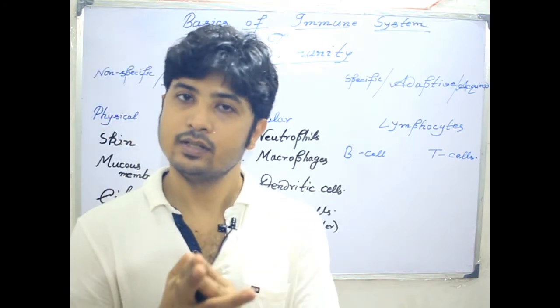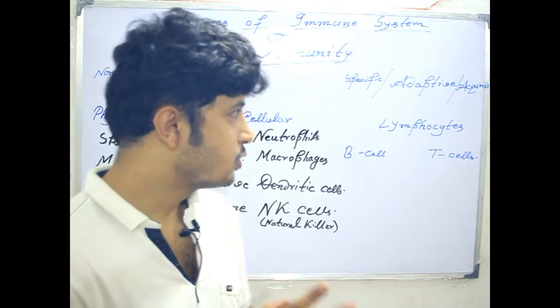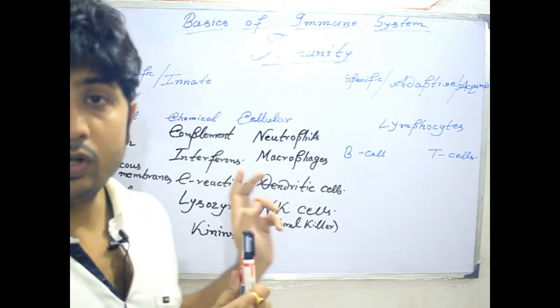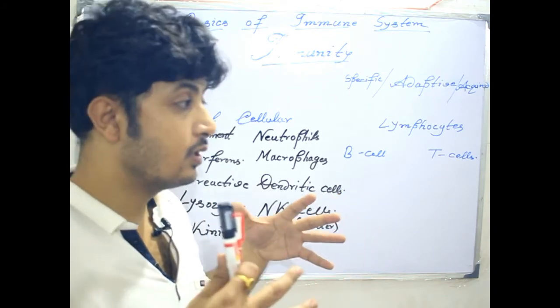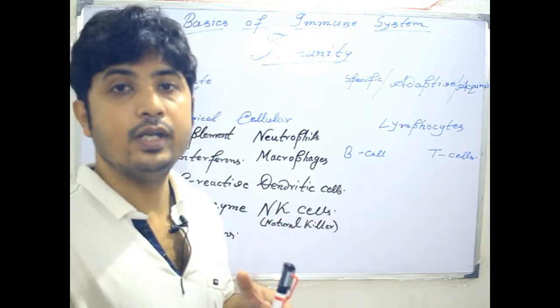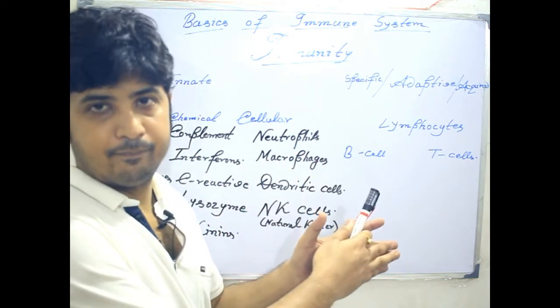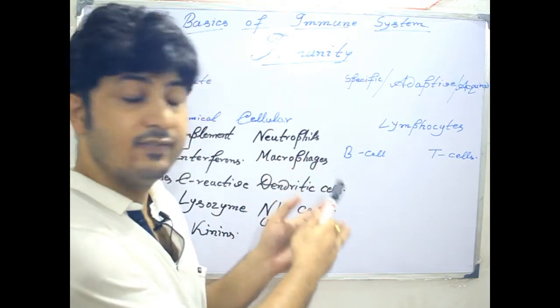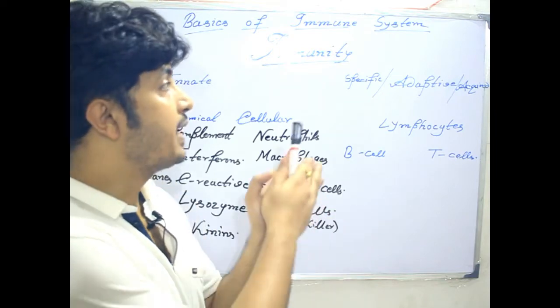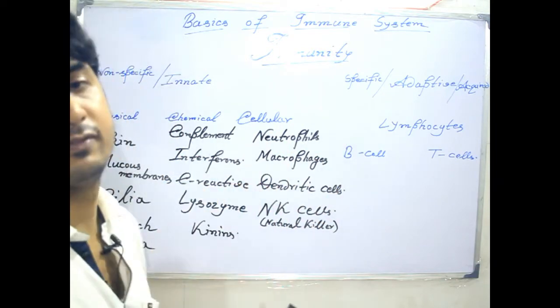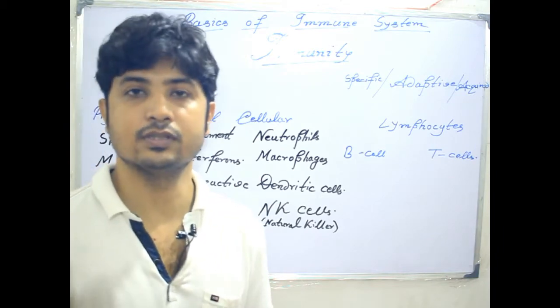One thing I should say is that our immune system works in a network form, in association of innate as well as adaptive. No individual immune mechanism, either specific or non-specific, is enough to control the pathogens.